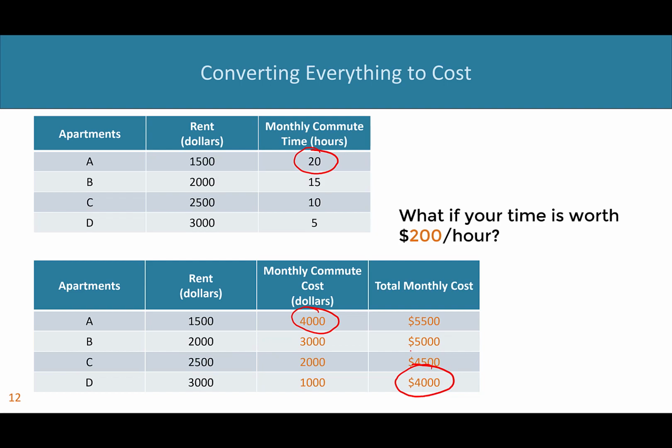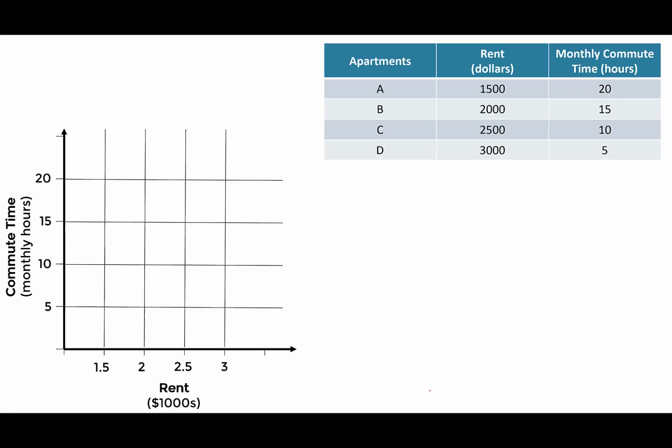At $100 an hour, these four apartments were totally equivalent. Now that commute time is worth more, you would imagine the apartment with the shortest commute time would become more valuable. And in fact, that's exactly what happened. Apartment D had the shortest commute time, and now it's the most preferred one because it has the lowest cost. It can be helpful to view this graphically.